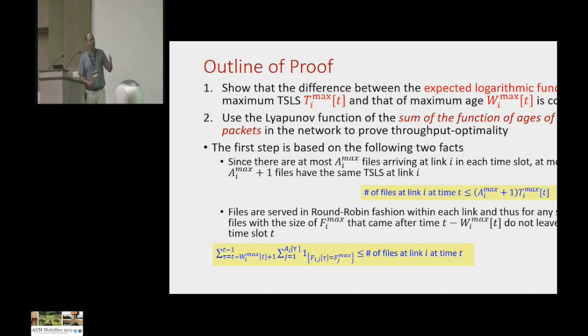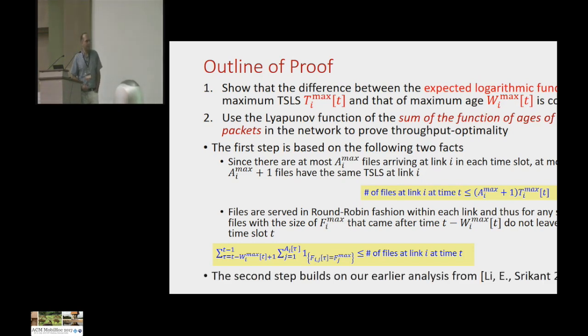These upper and lower bounds relate the Wi to Ti and help us make the argument on the relationship between the two. I'll leave it at that. The second step builds on the earlier analysis where we did the age-based design with that novel Lyapunov function choice. Combining these two gives us the throughput optimality result.